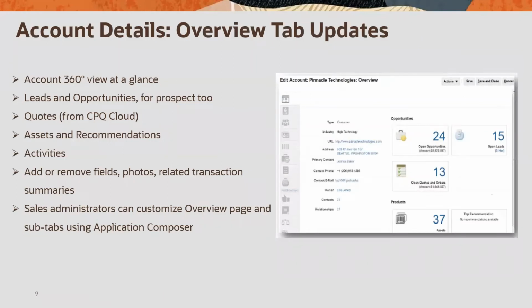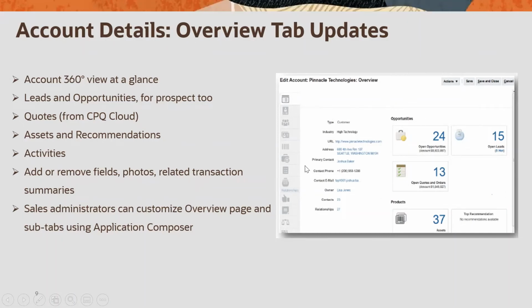So after creating the account, we will land on the overview page, where we can see the summarized information of the account. So this view is called the account 360-degree view.